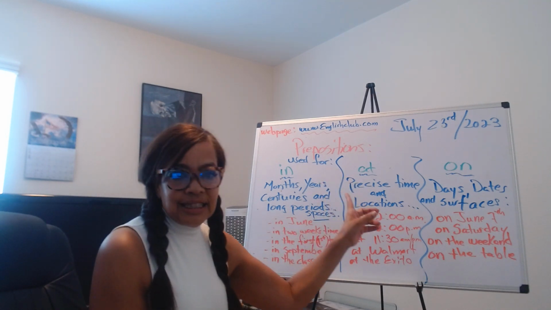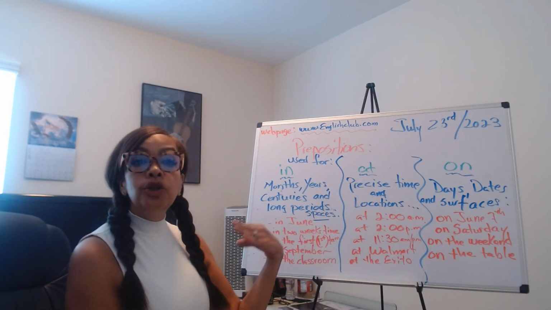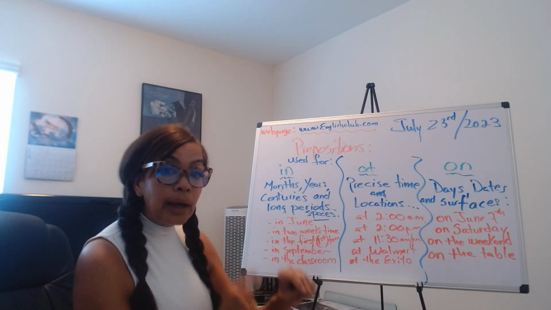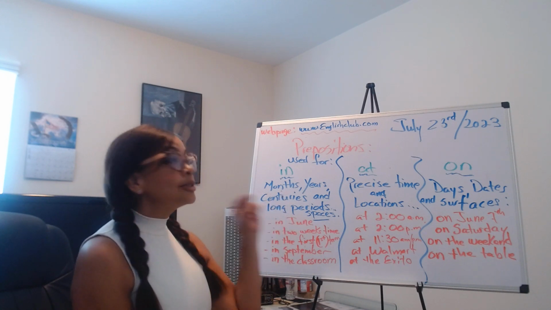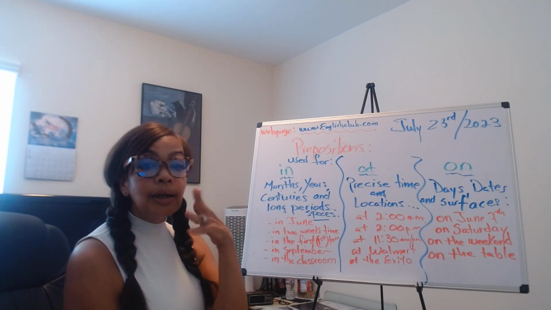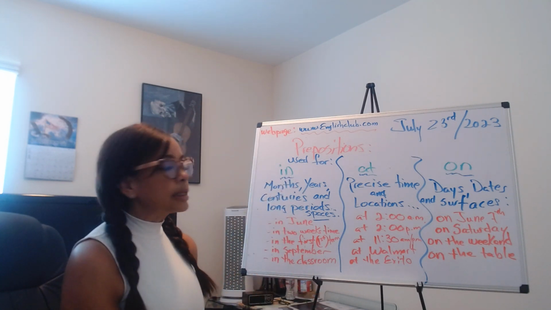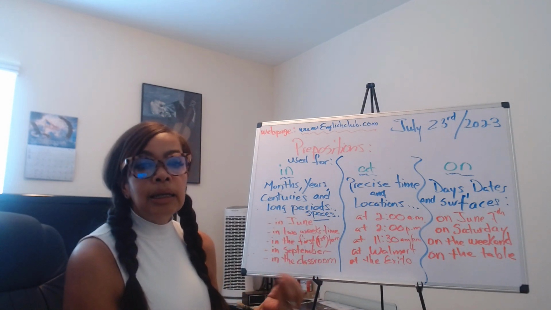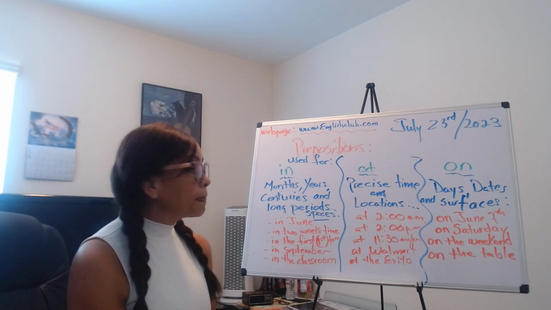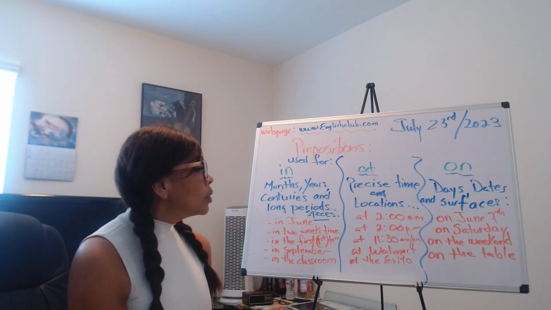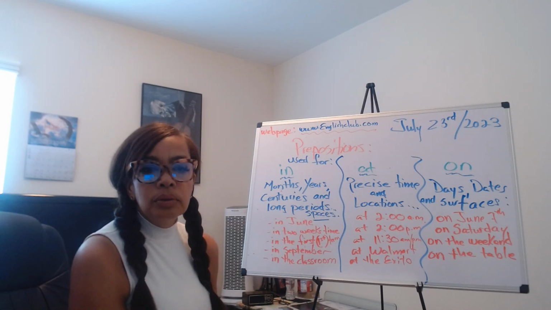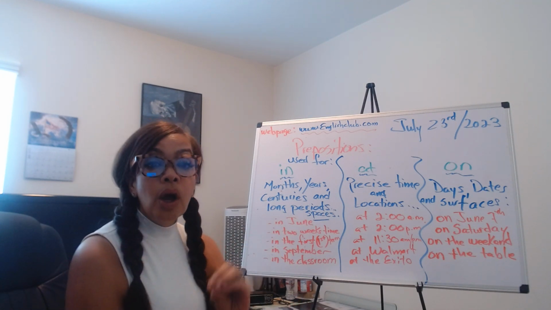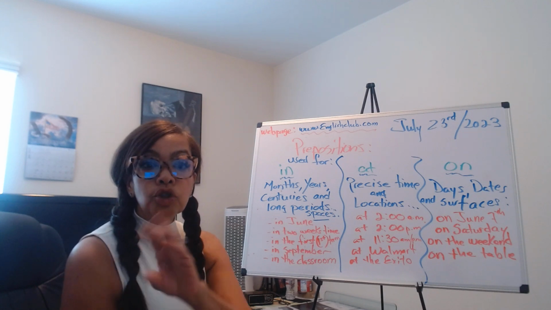Here we have at. Usamos at for precise time, es decir, la hora precisa, and locations, es decir, lugares, basically, right? So, para el tiempo, you say at 2 o'clock. La pregunta puede ser, hey, what time do you wake up to go to work? ¿A qué hora se levanta para ir a trabajar?